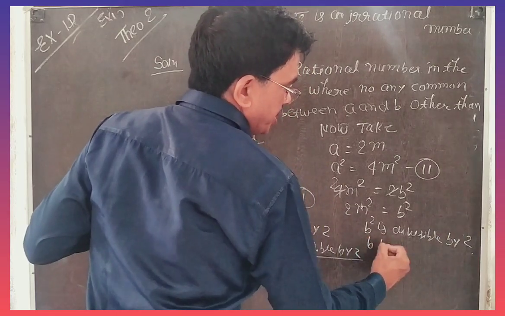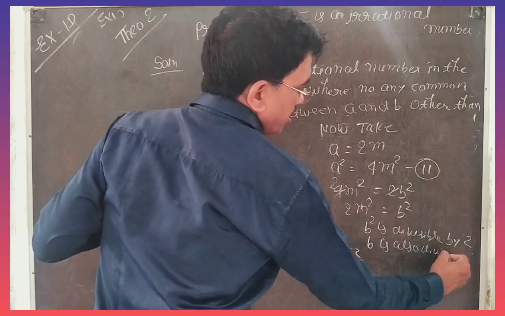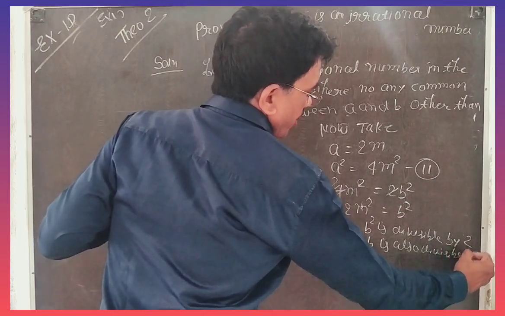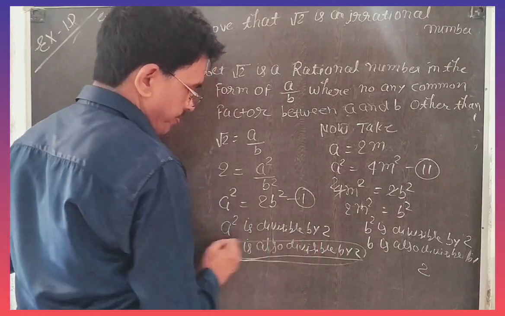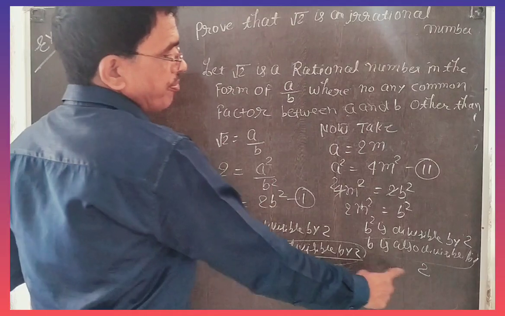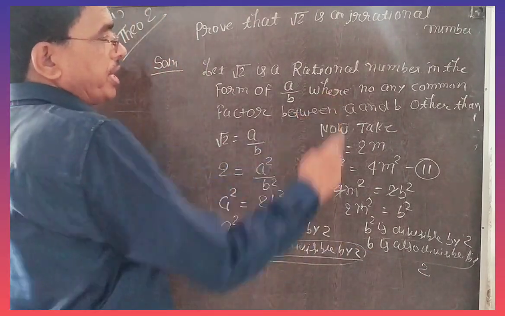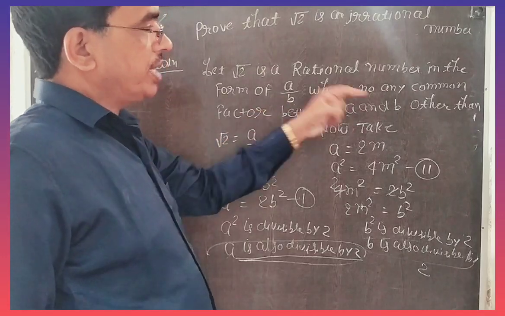Hence b is also divisible by 2. Here we find a is divisible by 2 and b is divisible by 2. That means a and b are both divisible by 2, but your condition is that there is no common factor between a and b other than 1.